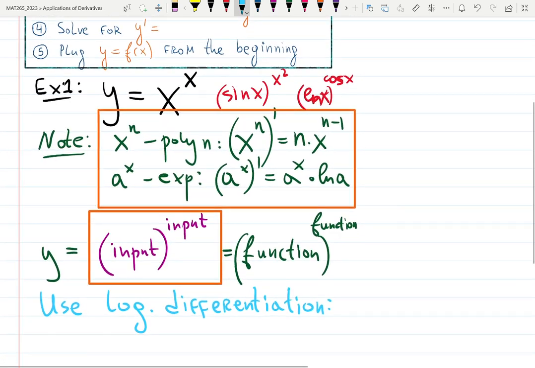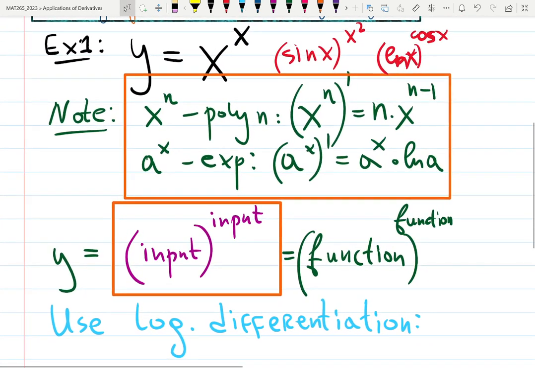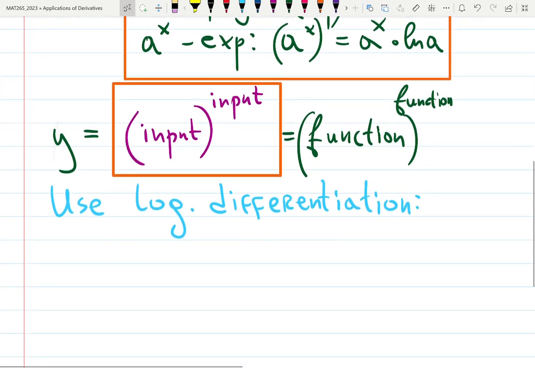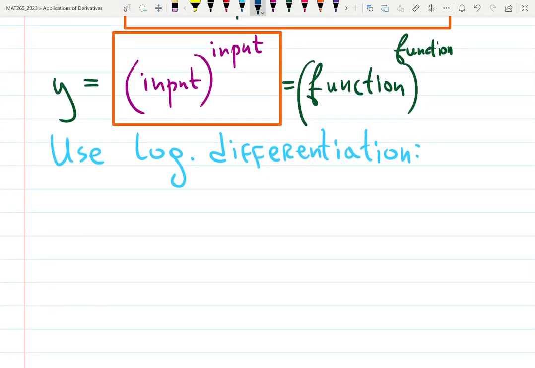Recently, I like messing up English. I don't know why. It's just a new thing now. So, logarithmic differentiation means step 1. Before differentiating, apply log to both sides and make it happen. Make it better. Make the function great again.